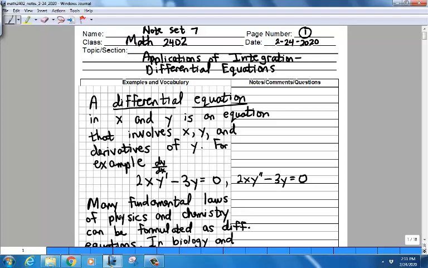Differential equations are usually important in applied mathematics. They're the most important part of applied mathematics, because many of our fundamental laws from physics and chemistry can be expressed in terms of differential equations. You're going to see at least one example of that in this section.